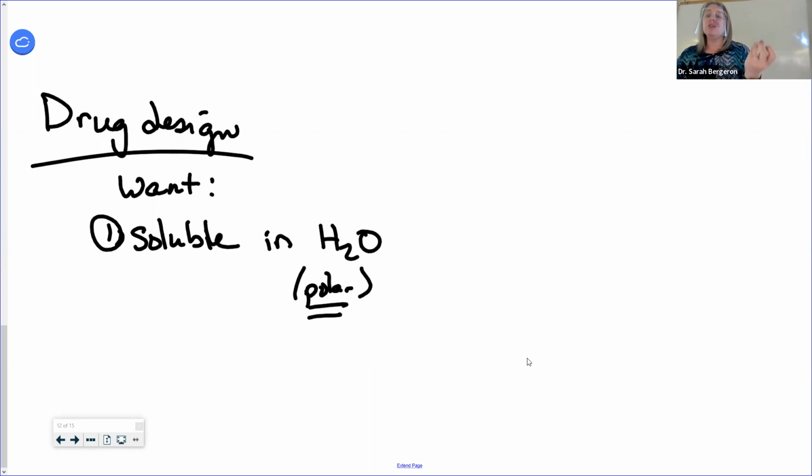What's stronger than just a polar interaction? What about an ion dipole interaction? That's really good, right? What do we need for something to be soluble in water and have an ion dipole interaction? We need it to be charged.